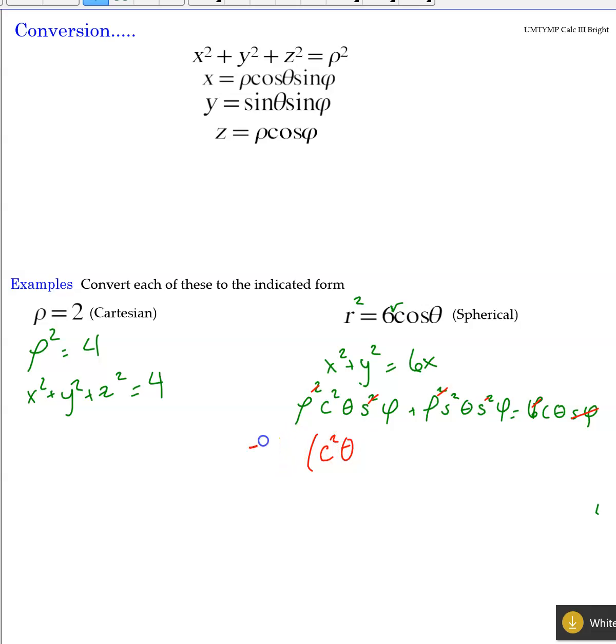Actually, I can factor out more. Factor out a rho sine phi, and then cosine squared theta plus sine squared theta is equal to 6 cosine theta, and we know cosine squared plus sine squared, same angle, is 1. So then we end up with, if we solve for rho, we get rho equals 6 cosine of theta over sine of phi. And I'll actually write it all out just so we can see it all. So a little more ugly, but still doable.